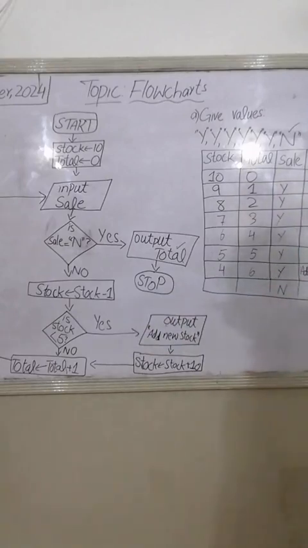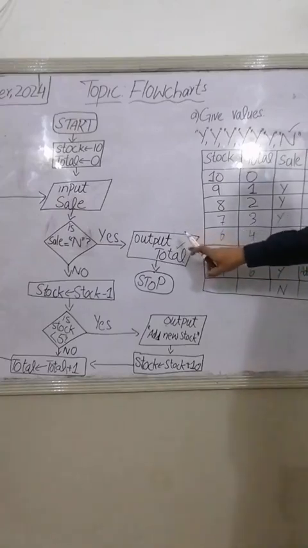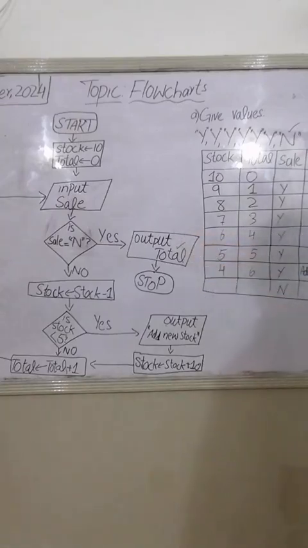So that is why at the end when we output the value stored in the variable total, that will be 6 here. Okay, and after that our algorithm will stop. And that is how we are going to attempt this question, or solve this algorithm.